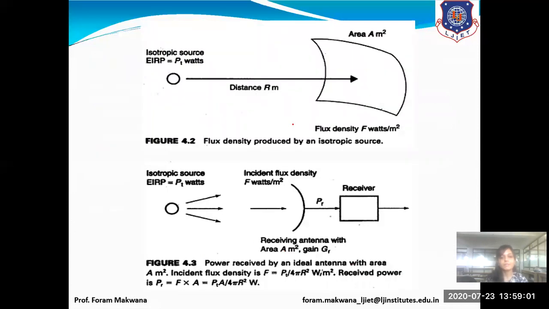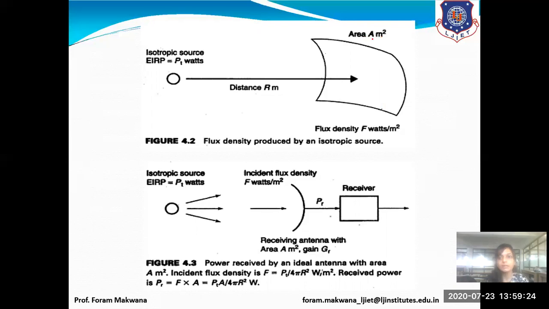Over here it is represented with the help of a diagram. Our isotropic source is presented, which covers a distance r, and the power is captured by a specific area of the antenna, right?